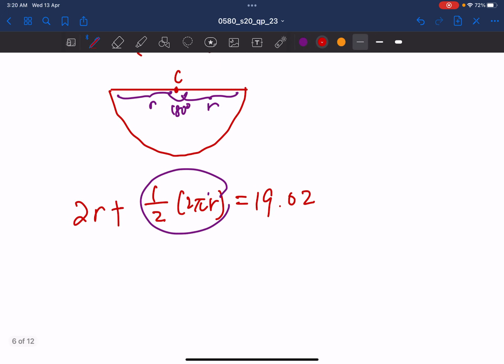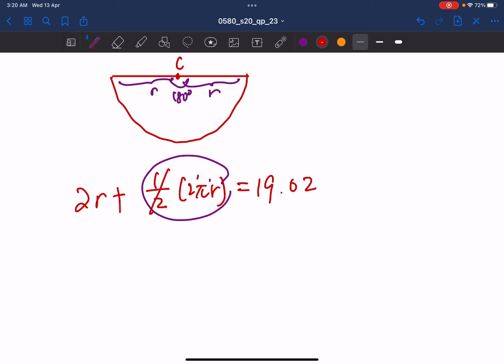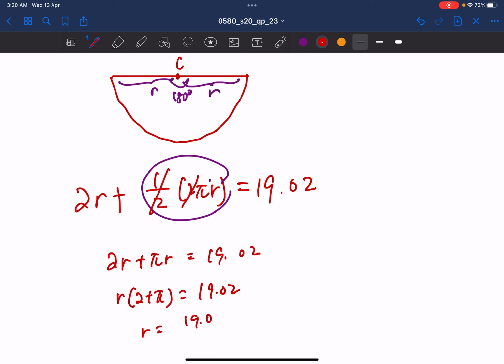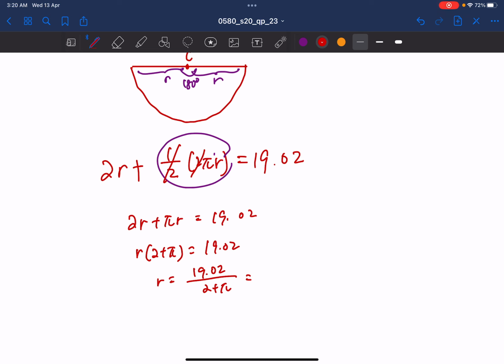So finally, if you do some calculations, we have 2r plus pi r equals 19.02. Factorize the r out: r equals 19.02 divided by 2 plus pi.